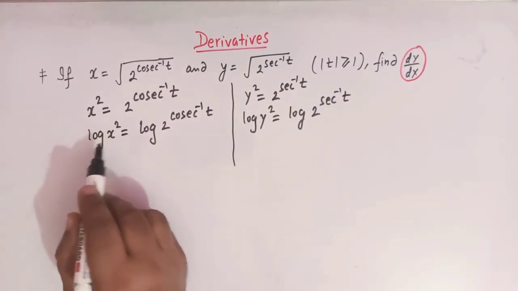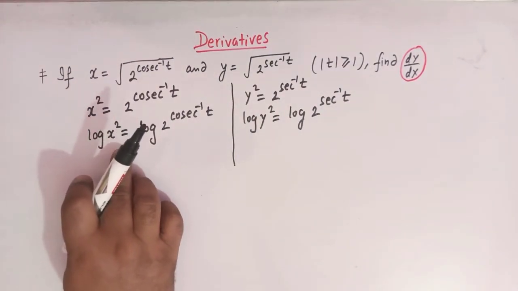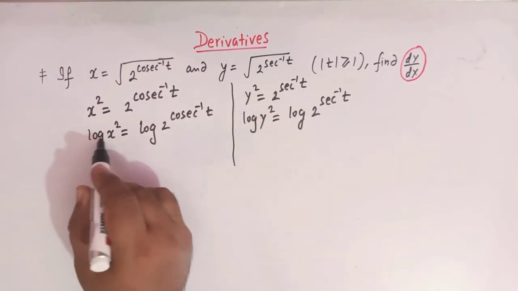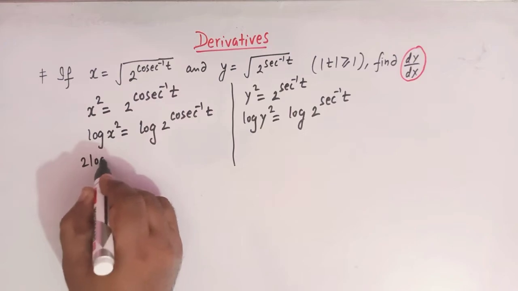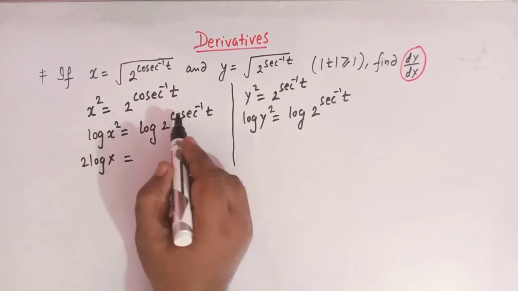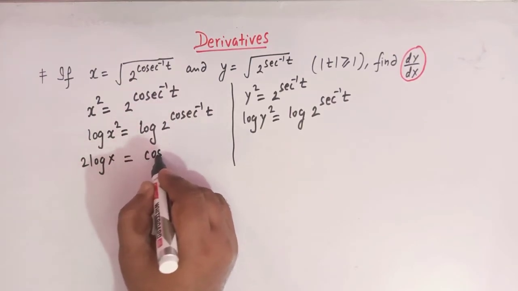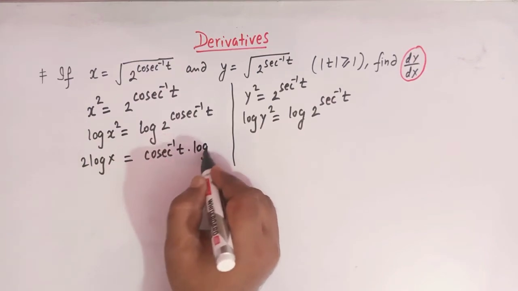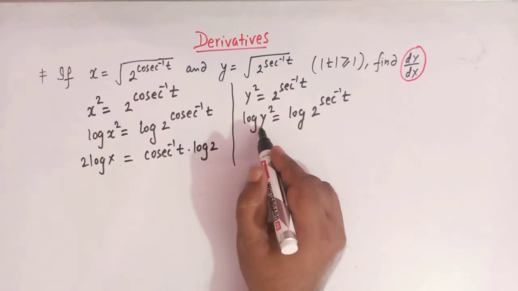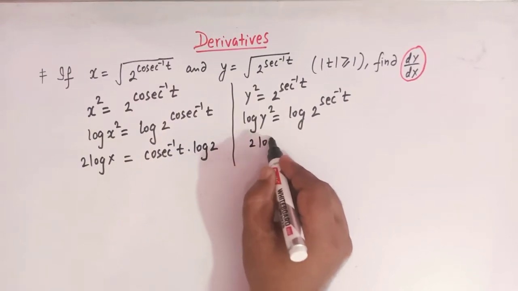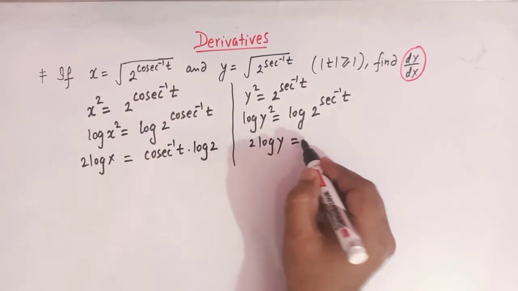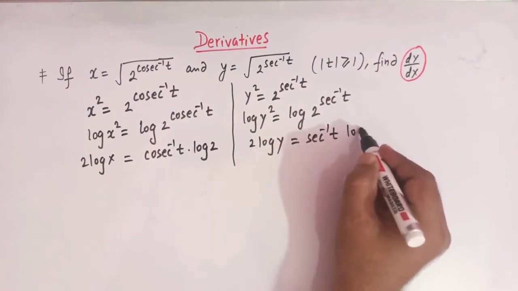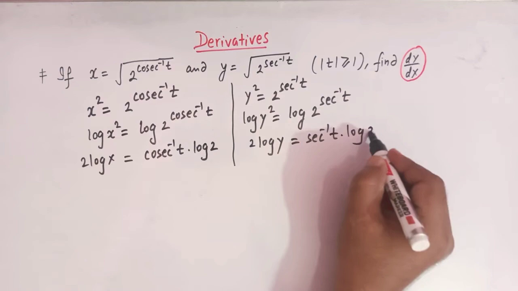Now let us first simplify this expression, then we will simplify this one. So here we have 2 log x, and here we have cosec inverse of t times log of 2. Similarly here we'll have 2 times log y, and here we have sec inverse of t times log of 2.